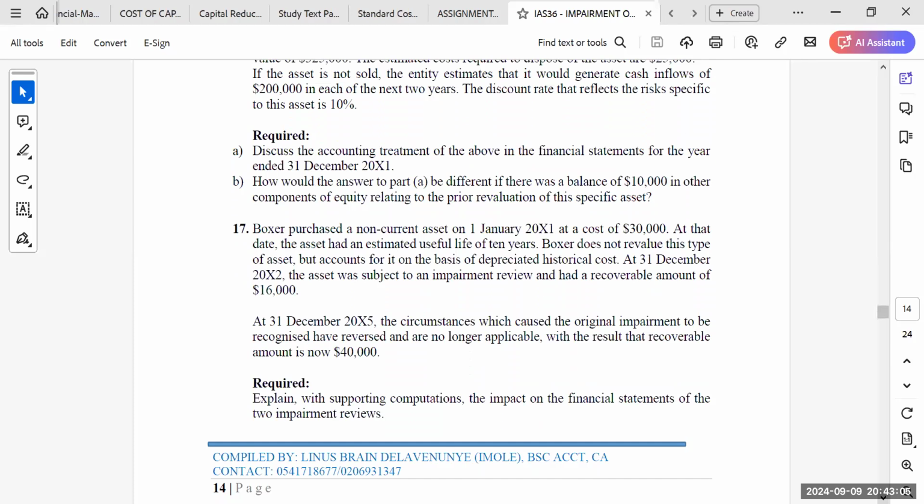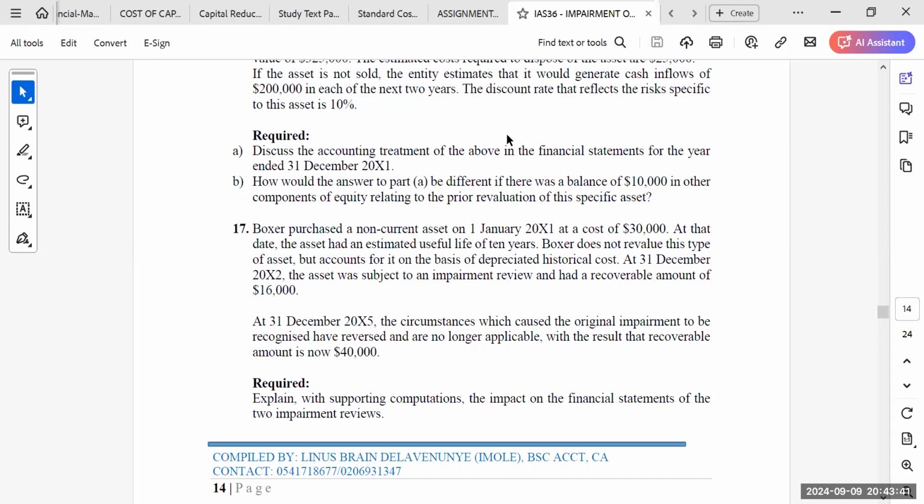Question 17. Boxer purchased a non-current asset on 1st January 20X1 at a cost of $30,000. At that date, the asset had an estimated useful life of 10 years. Boxer does not revalue this type of asset, but accounts for it on the basis of depreciated historical cost. At 31st December 20X2, the asset was subject to an impairment review and had a recoverable amount of $16,000.